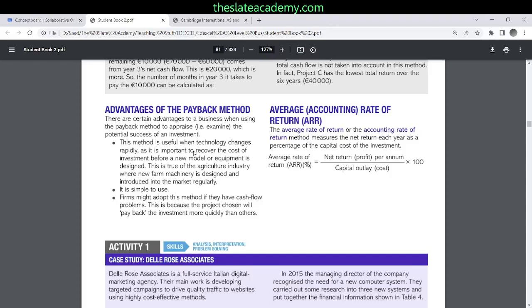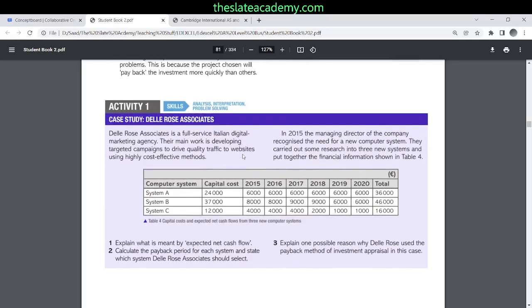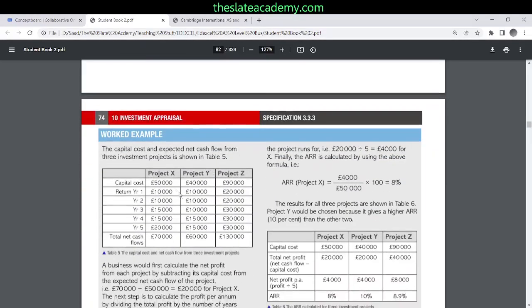So how do we calculate the net profit per annum and how do we use the capital outlay? Here we have three projects. The first project's initial cost that we have to invest is 50,000, so that is negative 50,000.